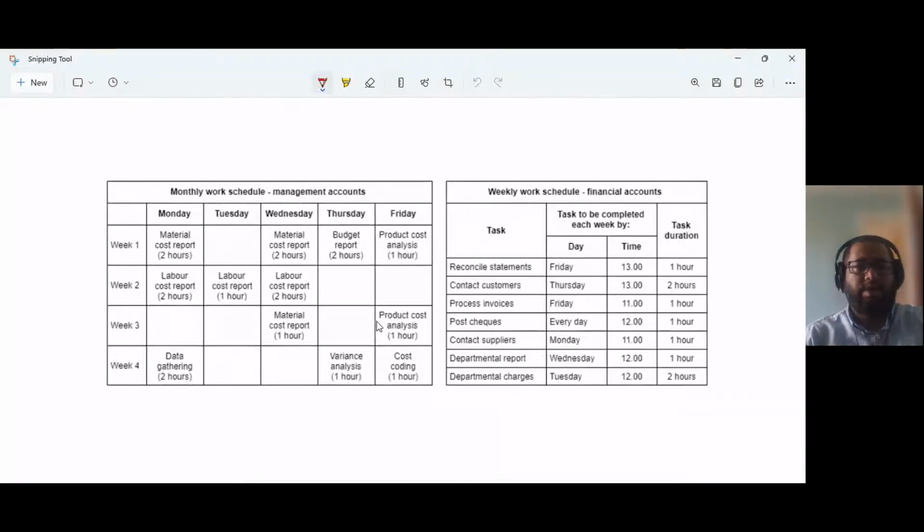Windows snipping tool. So here, what you see now, what dates you may have information. Let me say Monday. So we have 1 hour here and 2 hours.